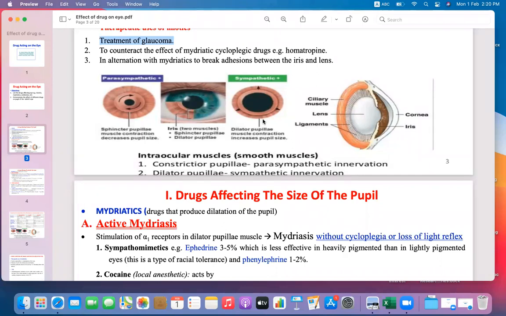While the constrictor pupillae is supplied by the parasympathetic innervation, and muscarinic 3 receptors are available, stimulation of which leads to miosis, constriction of the pupil, decrease in the size of the pupil.